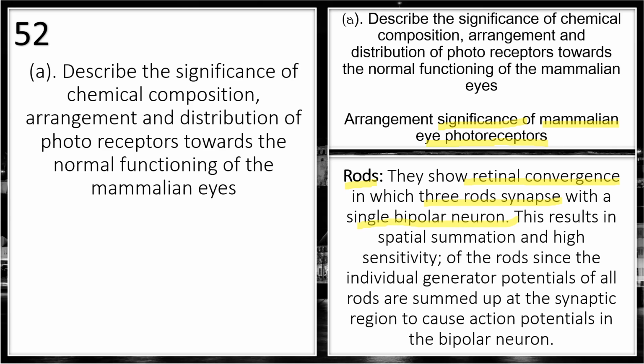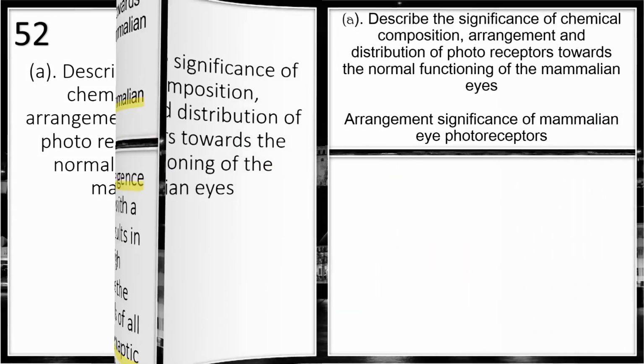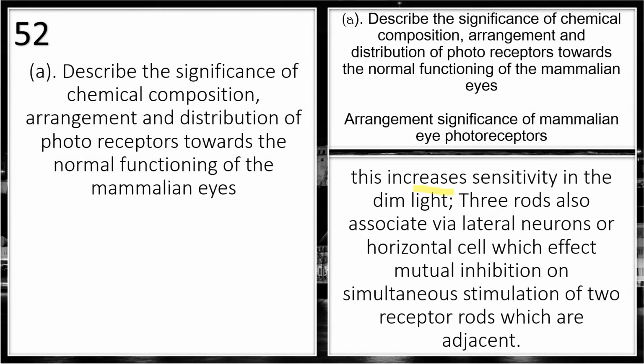This results in spatial summation and high sensitivity of the rods, since the individual generator potentials of all rods are summed up at the synaptic region to cause an action potential in the bipolar neuron. This increases sensitivity in dim light.